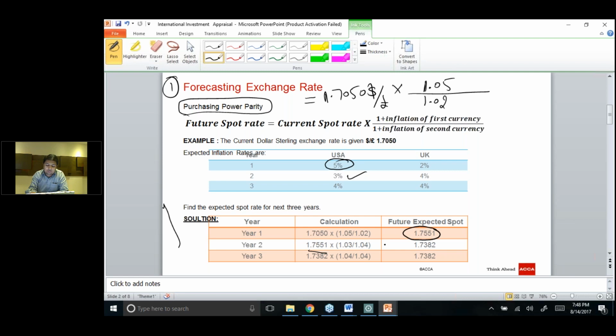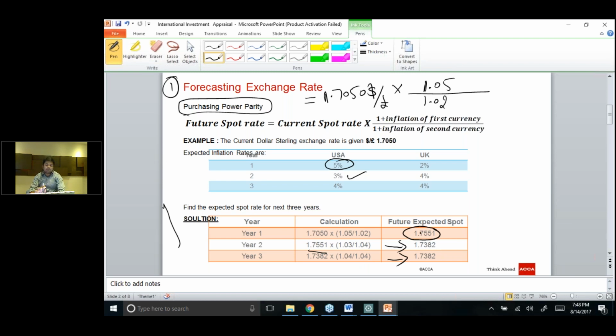I can solve the future spot rate of the next year. So this is the future spot rate of year 2. And by taking it as a base for the year 3 calculation, I will multiply with the inflation rate of USA, the first currency, and divide it with 1 plus the inflation rate of UK, that is of the second currency. You can solve the third year future spot rate.